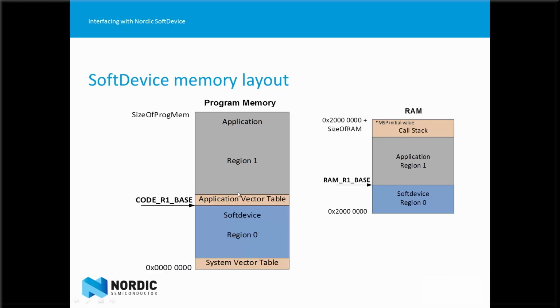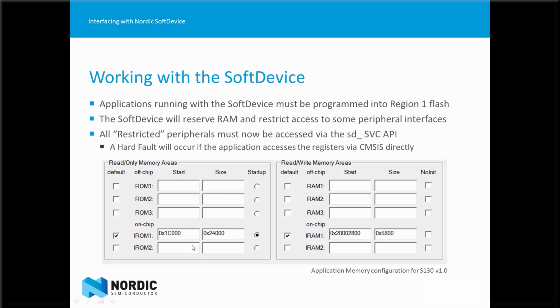Your application has to start from region 1, and you have to make sure that you configure it properly inside region 1. And here we have an example of an S130 application that starts from address 1C000, which has size 24,000 hexa, and the RAM starts from this address with this size. This is for the 32 kilobyte RAM variant.